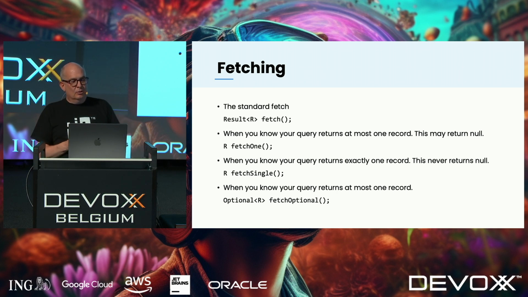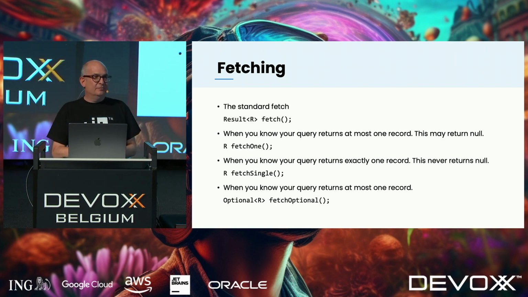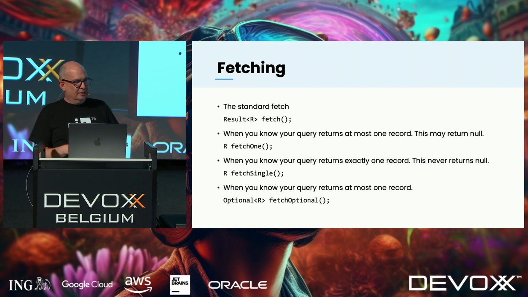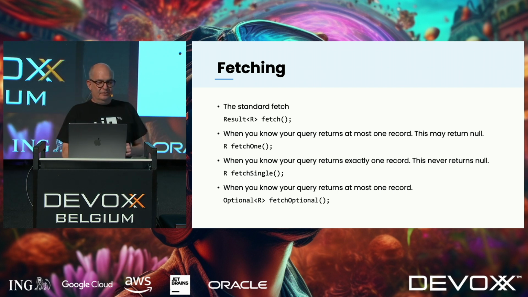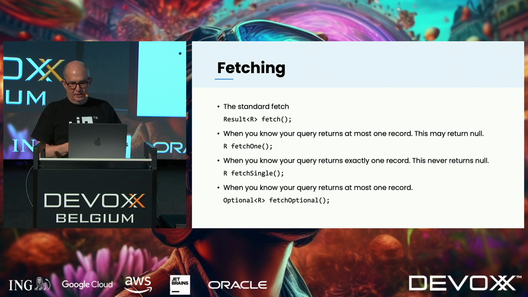I would say no, because we have Optional, and that's why we also have a fetchOptional method. This would prevent us from null pointer exceptions, because we know that it may be optional. Or we can use fetchSingle. FetchSingle will throw an exception if there is more than one result, or if there is no result. So it depends on what you want to do. You can use either of these.